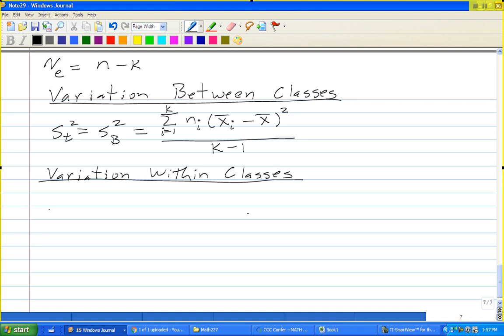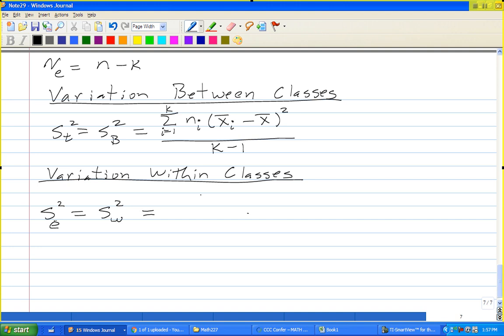And so sometimes we put a subscript of W because it's within. Above we had a subscript of B because it was between. Sometimes for the error or for the treatment, we put E's and T's. But they all mean the same thing.